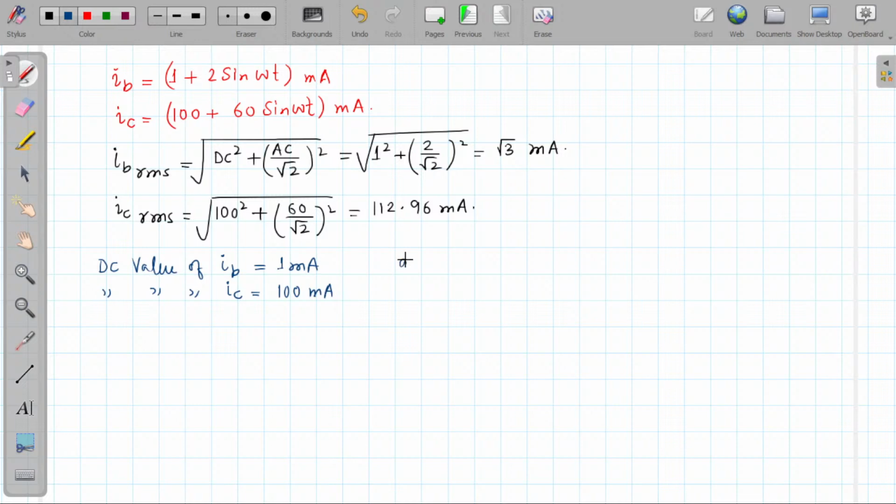Similarly, if we want to find the AC value of IB, the AC value of IB will be equal to 2 milliampere. Similarly, the AC value of IC will be equal to 60 milliampere.